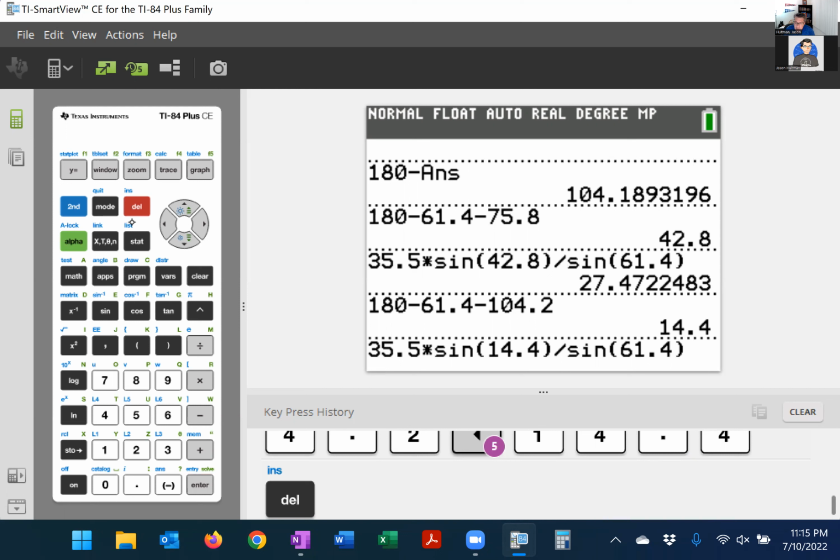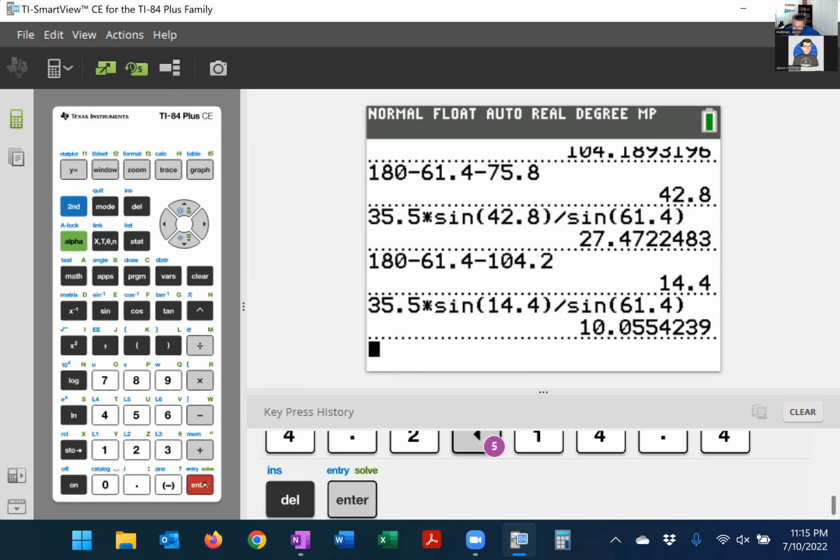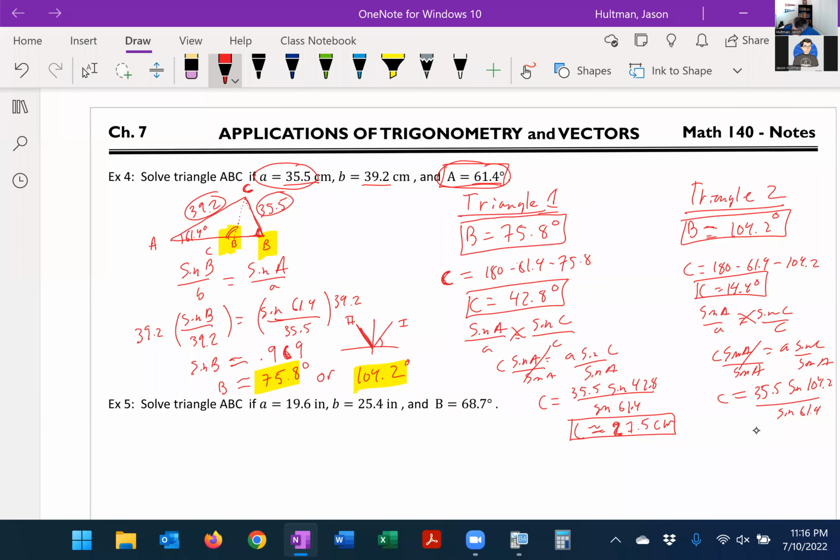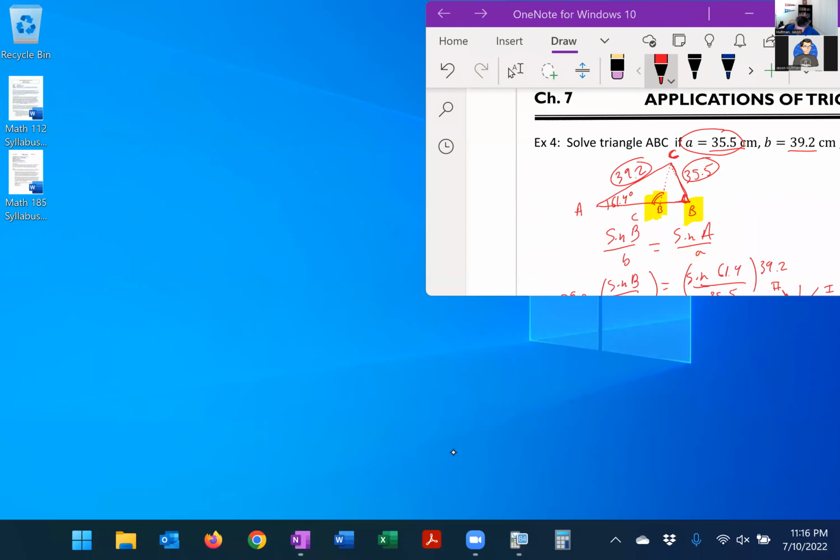Angle C is now less because it's opposite the side that's less. Okay, so that gives me about 10.05, or we'll round to 10.1. So C is equal to, oops. Come on, be nice.